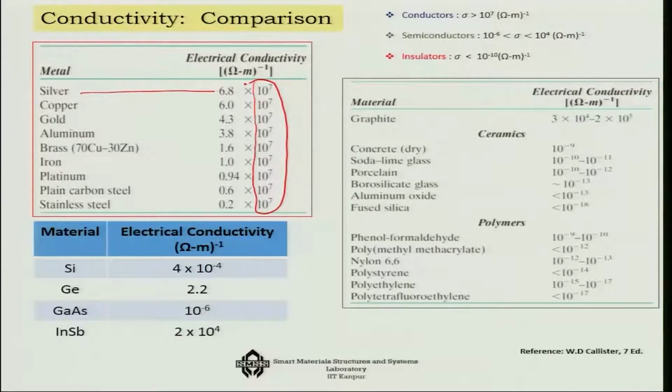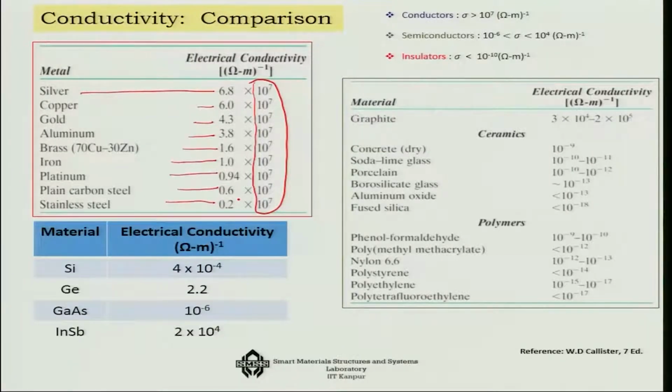Next to silver is copper, which is 6.0, gold 4.3 into 10 to the power 7 in every case, aluminum 3.8, brass 1.6, iron 1.0, platinum 0.94, plain carbon steel, further lower than iron because of the alloying, 0.6, and stainless steel, because of the addition of carbon, is even lower, 0.2. So, that is the level of electrical conductivity.